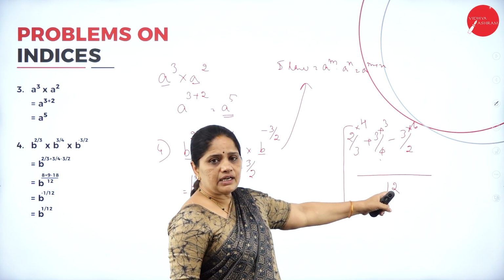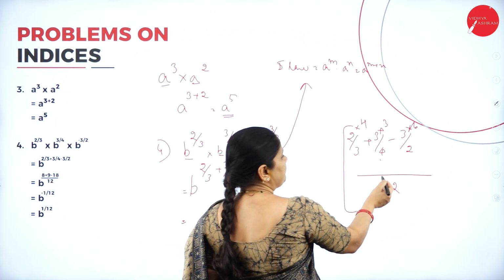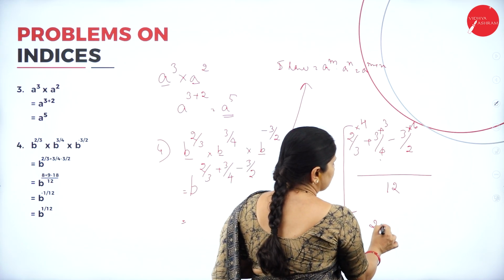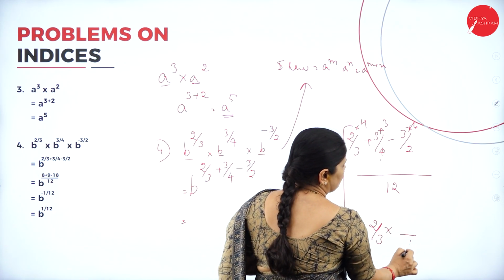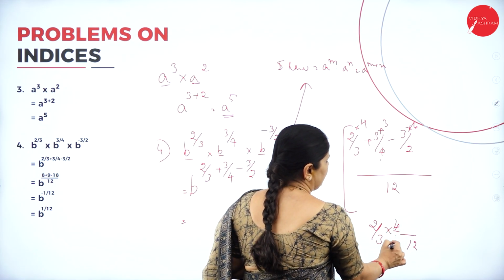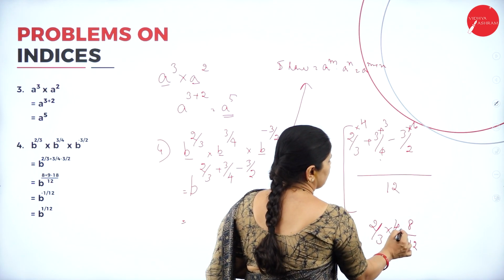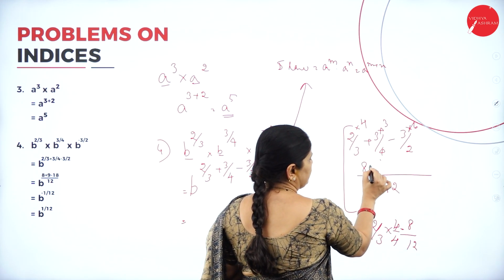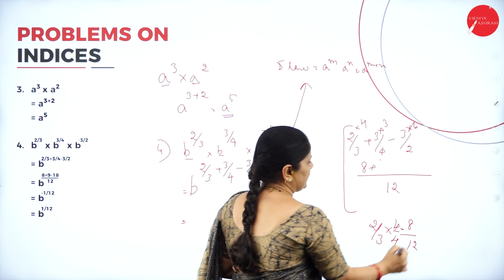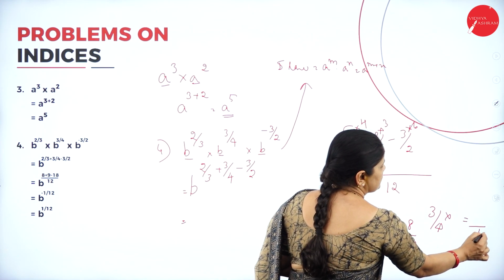So, I am taking the common denominator as 12. Now, if I have to get 12 here, I should write 2 by 3 into dash equals 12. So, it will be 4 by 4. 3 4s are 12, 2 4s are 8. So, this is the answer I will get here.